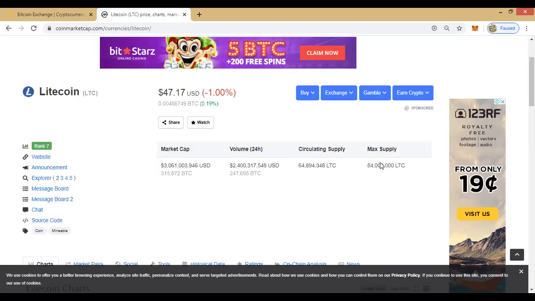A coin is rated according to its relevance. If a coin is fulfilling a purpose, if a coin is doing something in the world, like if it's used for a particular purpose, that is how it is being rated. For instance, Bitcoin is number one. It is number one because it is the coin that has the highest acceptability. In fact, there is nobody that knows about crypto that doesn't know about Bitcoin.